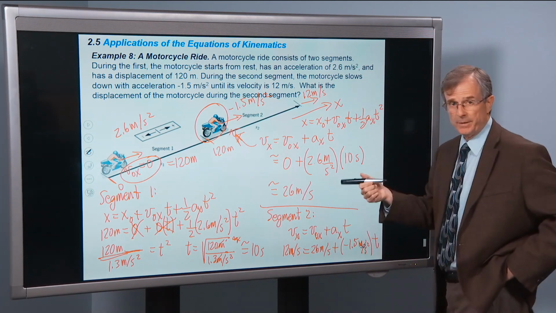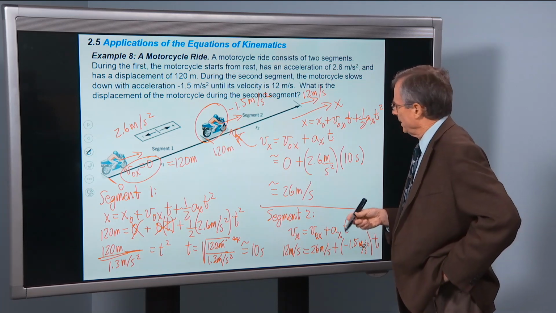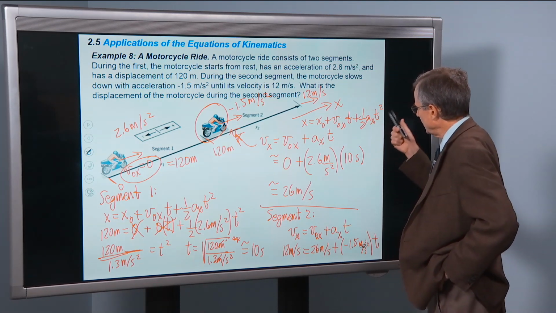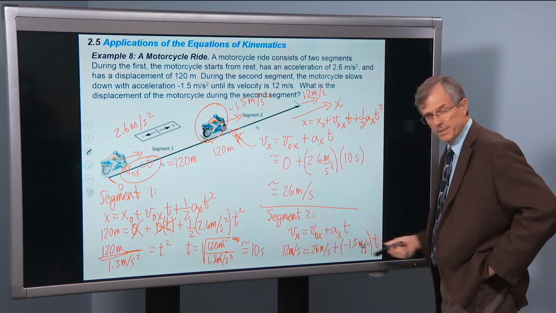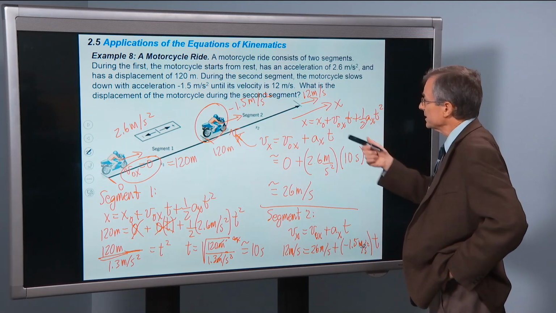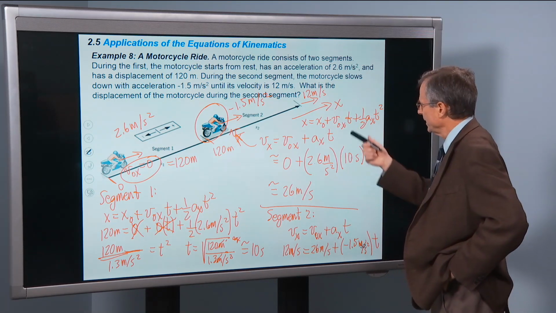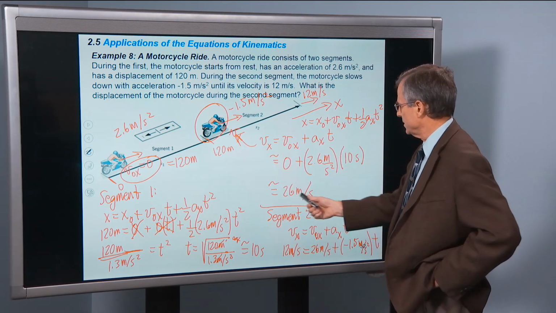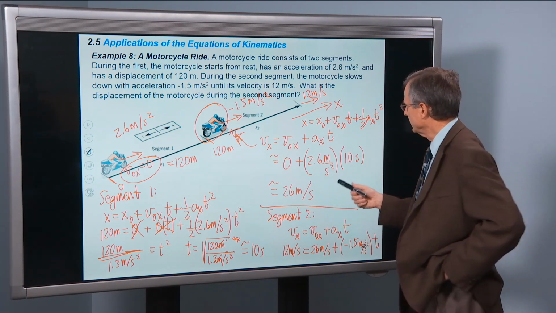Now you'll have everything that you need. You've got t, you just solved this for t. You've got ax, it's negative 1.5. You've got v naught x, it's this 26 meters per second.